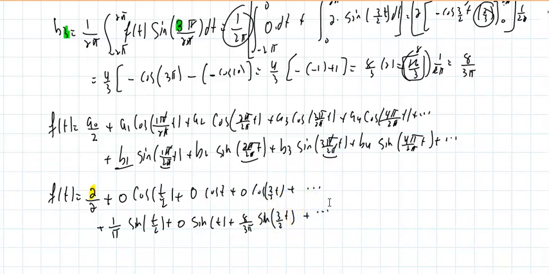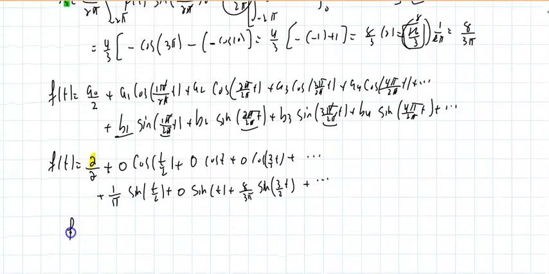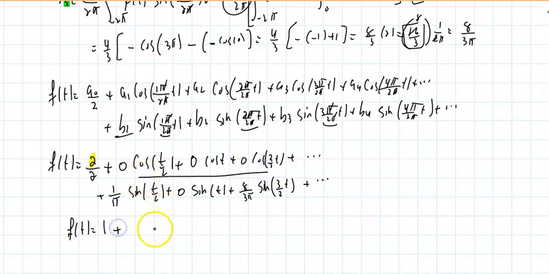So if I list a few of those, I'll notice that f of t is actually 1. The cosines are all going to cancel out. Plus 1 over pi the sine of t over 2 plus 8 over 3 pi the sine of 3 halves t plus the list goes on. So this is good enough.